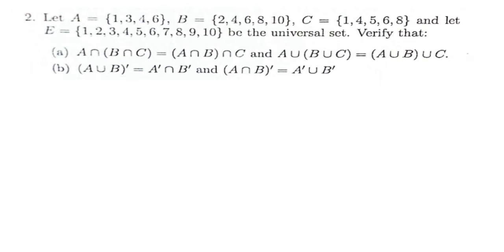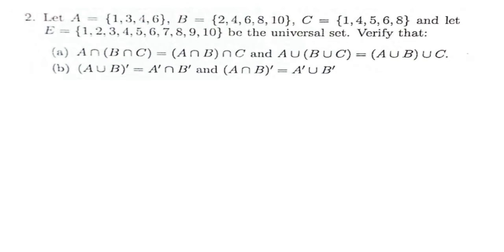So for these laws, I'm not going to solve all of them. I'm just going to solve one of the laws, and then the other one is automatic. Okay, so let's go for the union one.